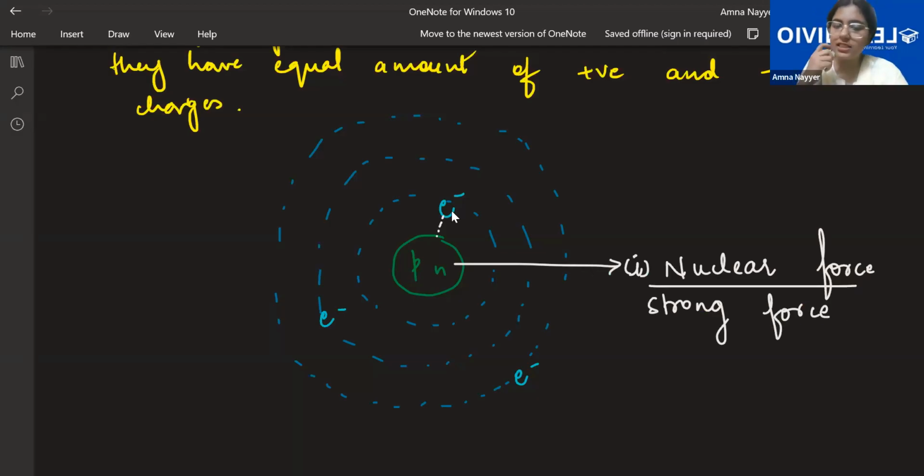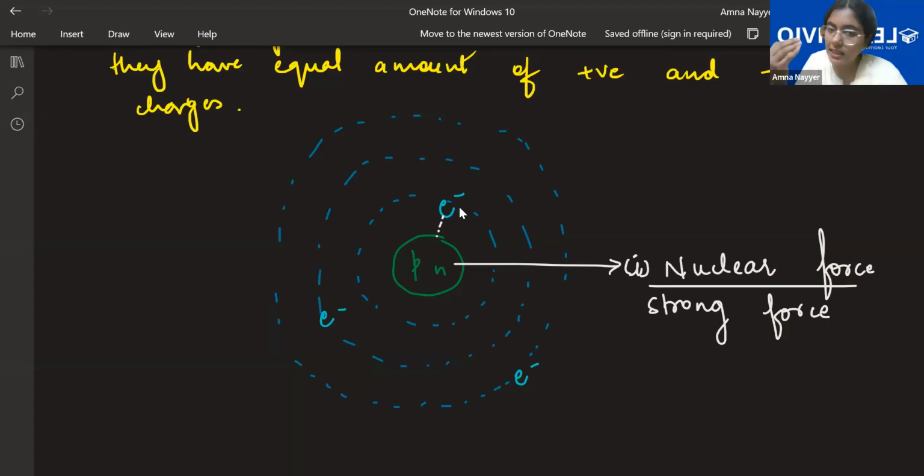The next is the electrons, and how are they connected to the nucleus? Electrons and the nucleus are connected through electrostatic force. A little bit about structure of atom you've already studied in your class 11 chemistry, chapter 2 I think. So some things will be here again in class 12 because that was also a part of quantum physics only.